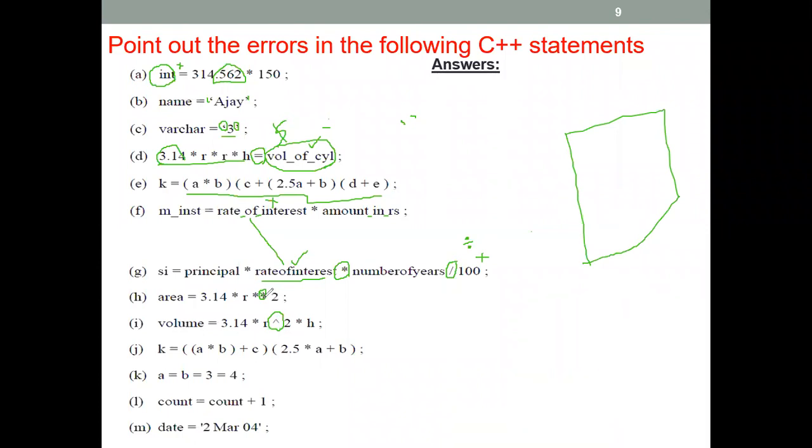This is also wrong. You have only one multiply, you cannot put two, and there is no this sign. So this is also wrong. These are the very important points, and this is not difficult. If you understand all these points, then it is very easy to do the programming part. So these are the things.